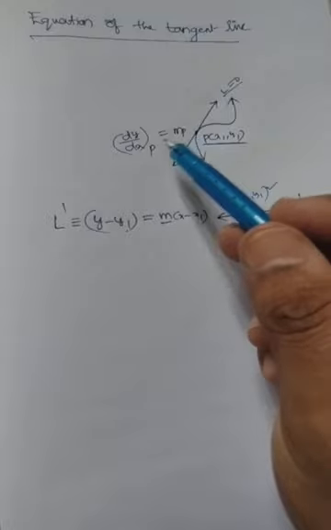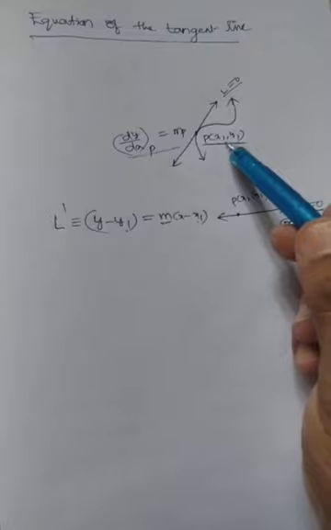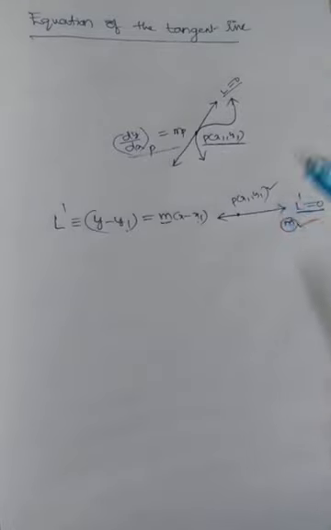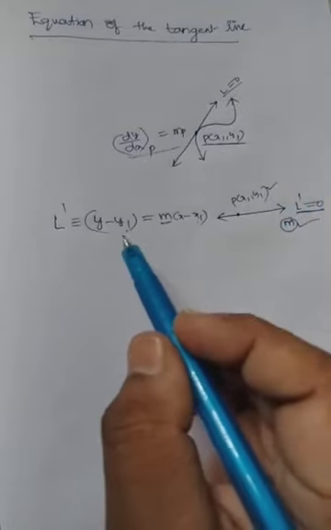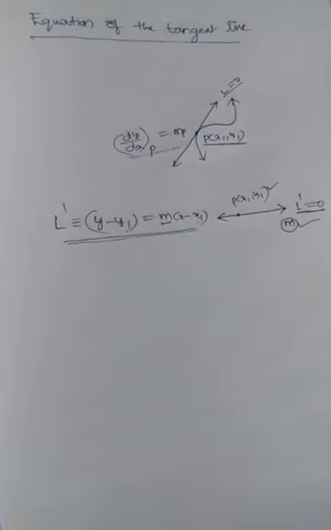So by using this formula we can find the slope of the tangent line, and we have the point on the line. So by using point-slope form we can find the tangent line equation also by using this one.